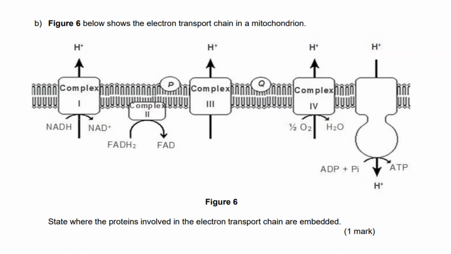Figure 6 below shows electron transport chain in a mitochondria. State where the proteins involved in the electron transport chain are embedded. Okay, obviously it is embedded in the inner membrane of mitochondria, or another term for it is cristae. Okay, so that is for 1 mark.